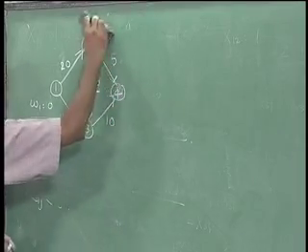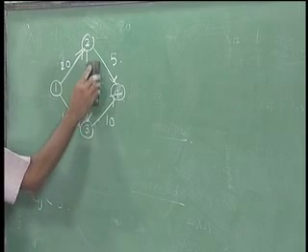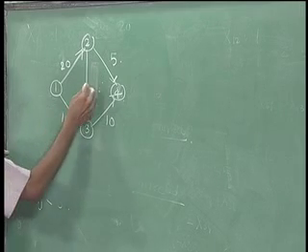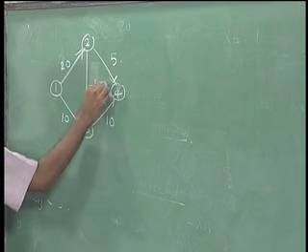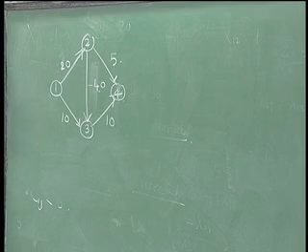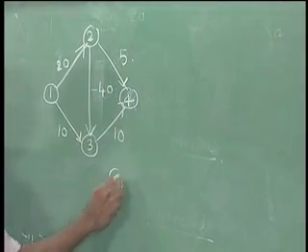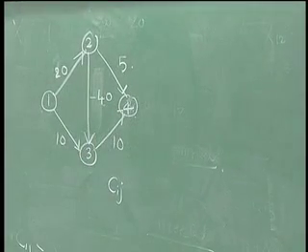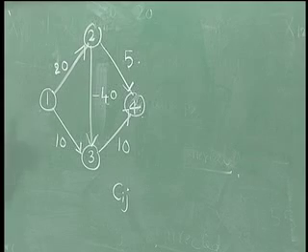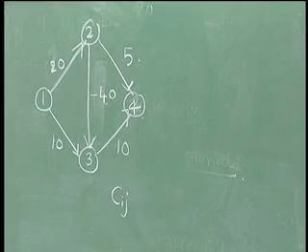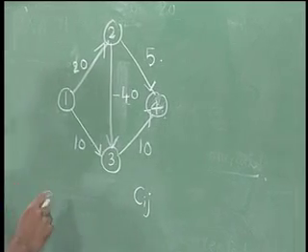Now, let us look at the same network with a slight change, and let us say this cost is minus 40. Now, once again it is very similar to the earlier example, except that one cost, one Cij, is negative and it is minus 40, but most importantly it is going to create a big problem for us.